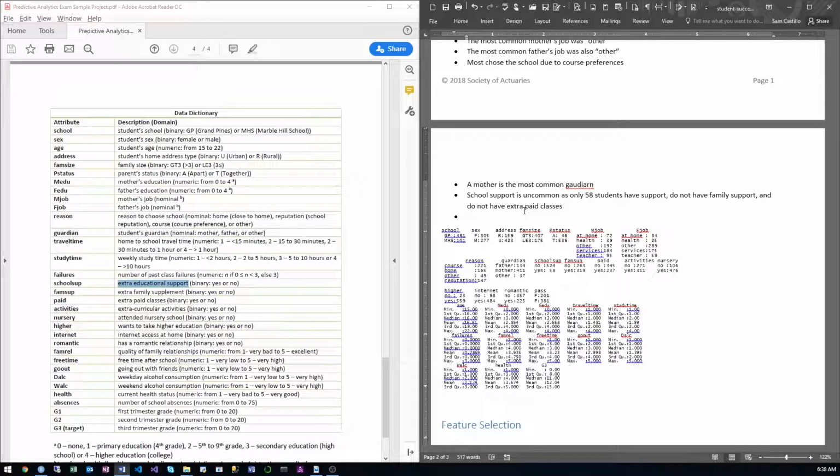Activities. About half of the students participate in after school activities or extra activities.